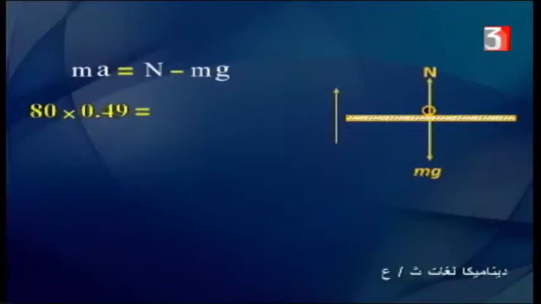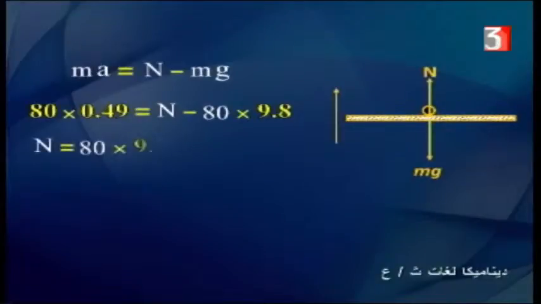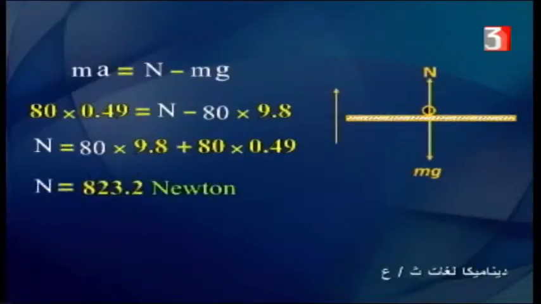N minus 80, the mass of the man, times the gravity g, which equals 9.8 meter per second squared. Then N equals 80 times 9.8 plus 80 times 0.49. Then the pressure N equals 823.2 Newton.